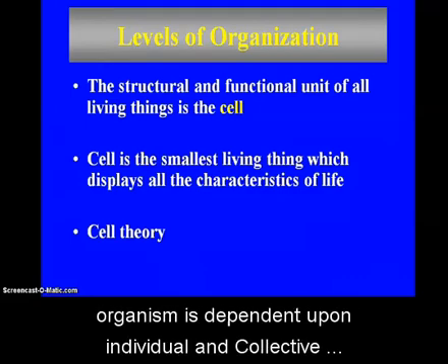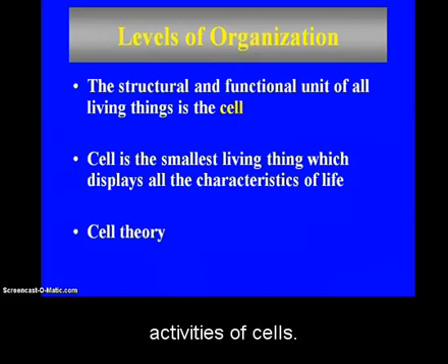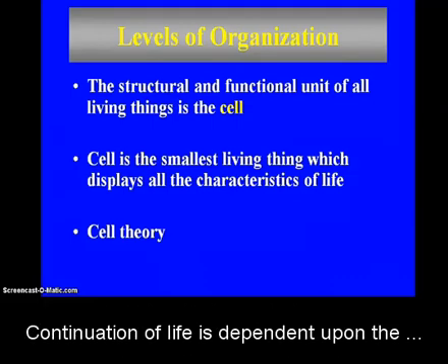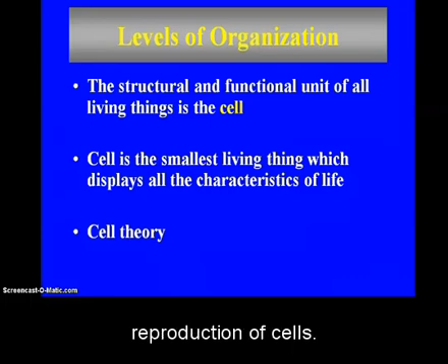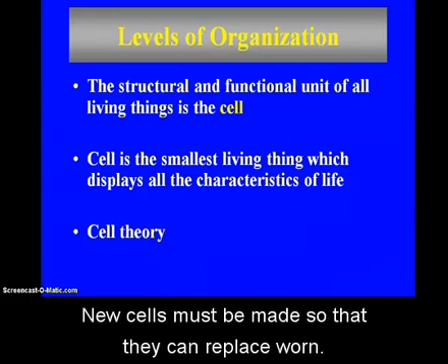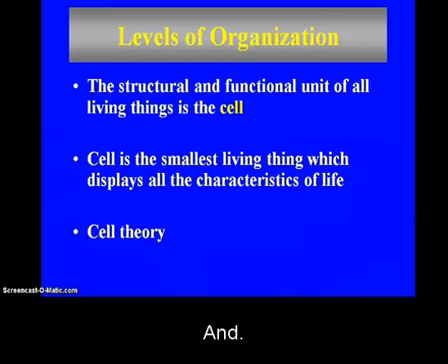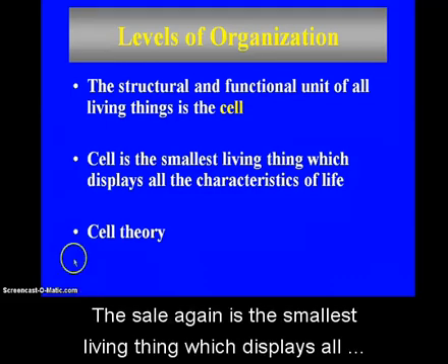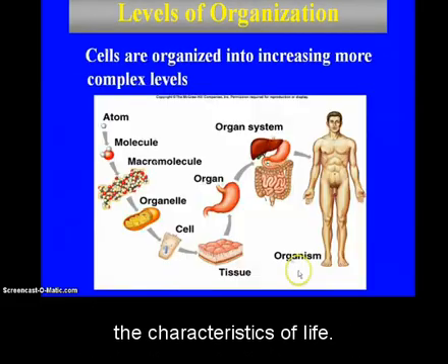The whole organism is dependent upon individual and collective activities of cells. Continuation of life is dependent upon the reproduction of cells. New cells must be made so that they can replace worn and dying cells. The cell, again, is the smallest living thing which displays all the characteristics of life.